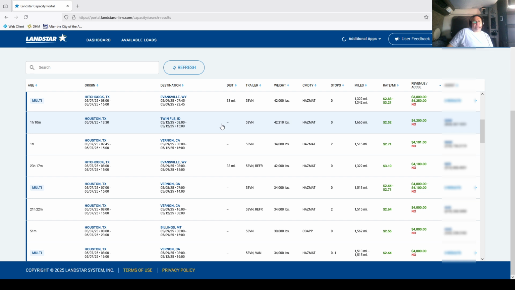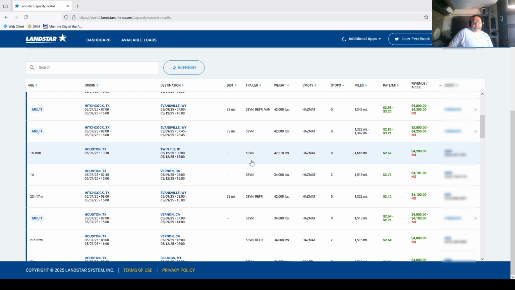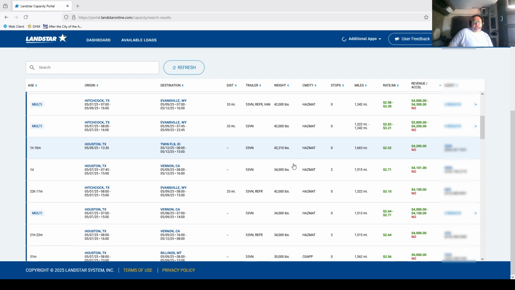She basically told me that Landstar has a policy that Landstar agents are not allowed to bid against each other on loads. But that doesn't make any sense, because I see Landstar agents all bidding against each other on the same load all the time.